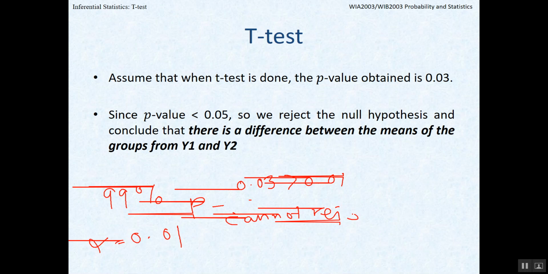I cannot reject null because 0.03 is bigger than 0.01, right?